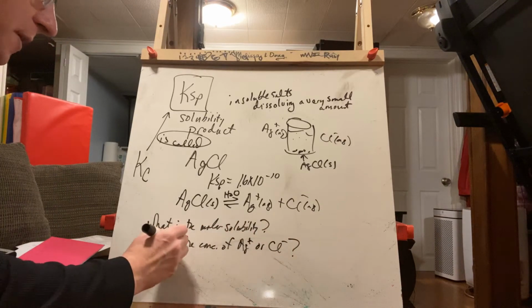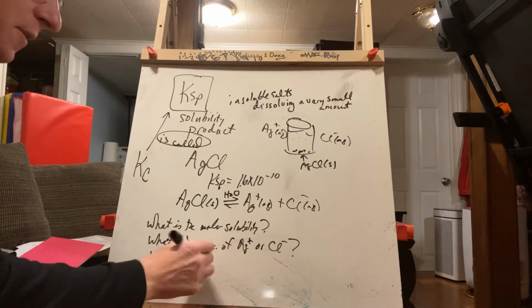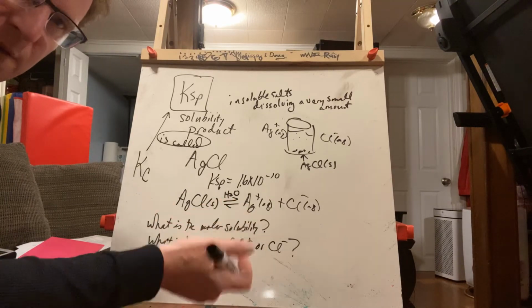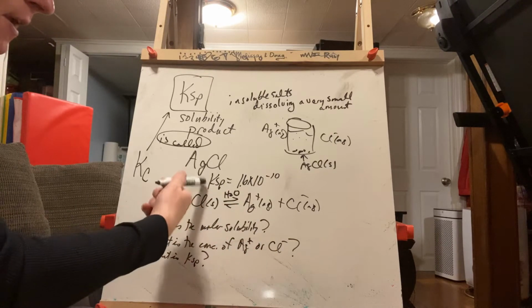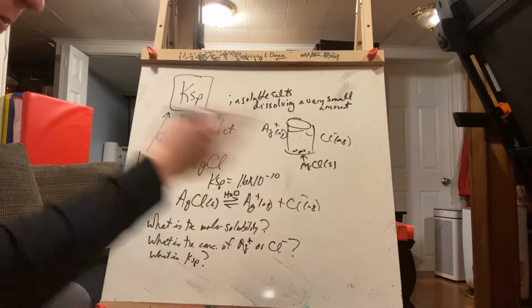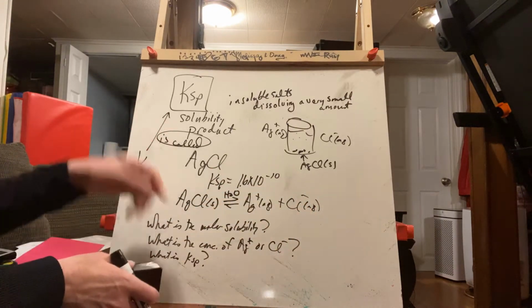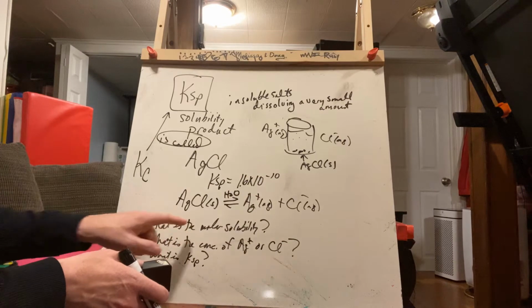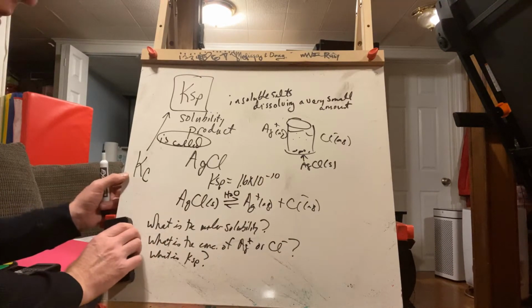And then the last one is, what is the KSP? These are the 3 questions that you'll see from KSP. If I give you the KSP, I'll usually ask you for molar solubility or the concentration of Ag or Cl. So, here we go.